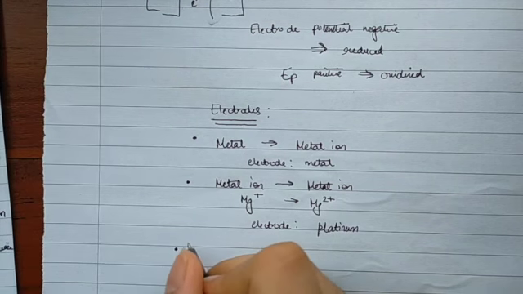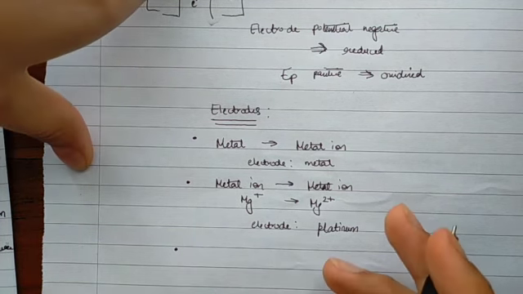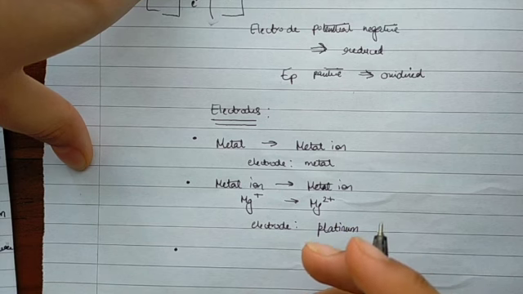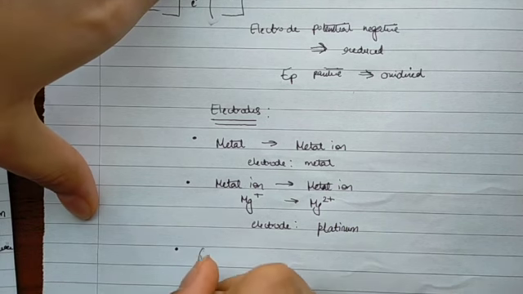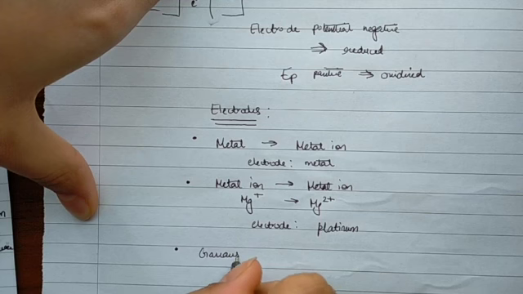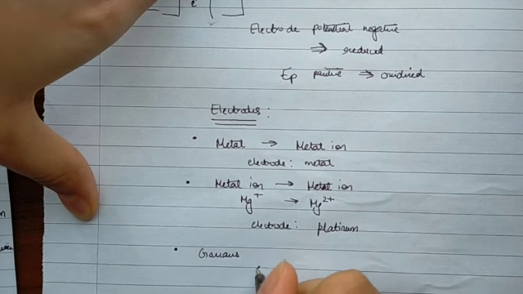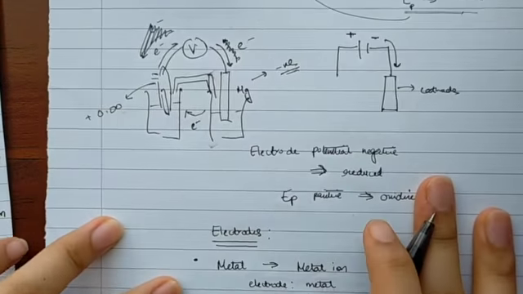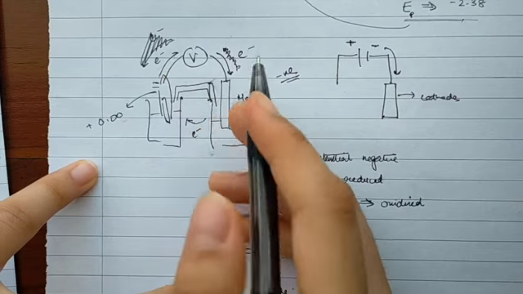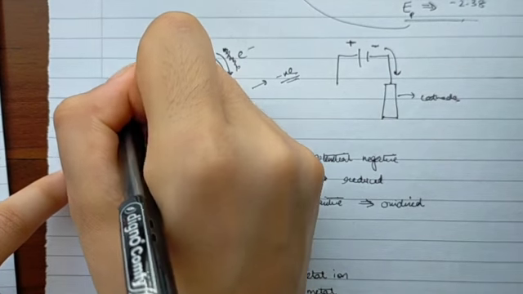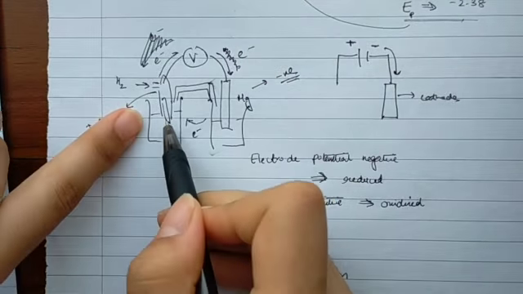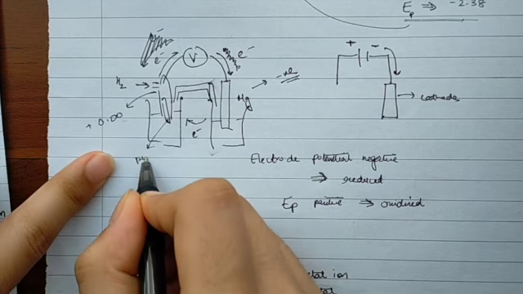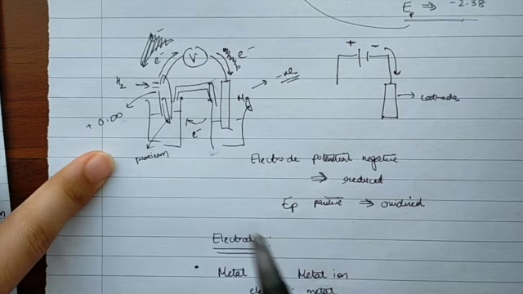Another case is if you have gaseous elements to test. For any gaseous element, the electrode again will be inert, so it has to be platinum. As you can see for hydrogen, since hydrogen gas is used, the electrode here is platinum, an inert electrode.